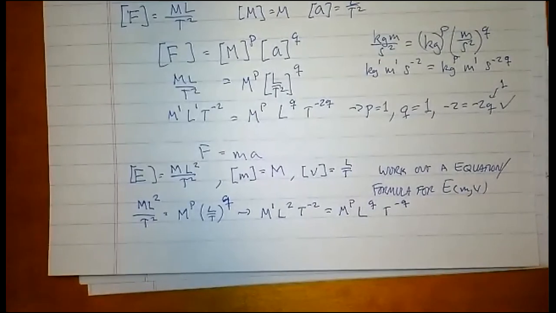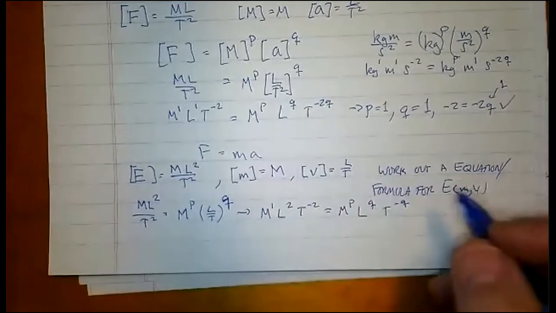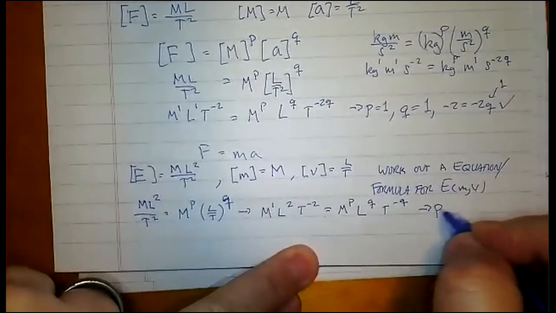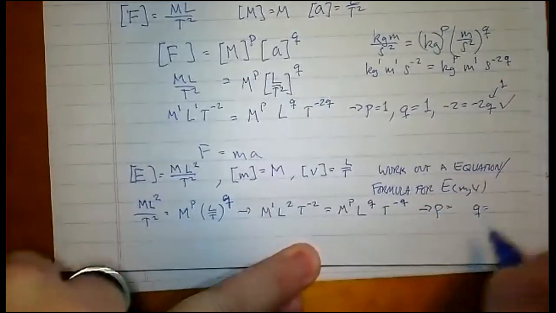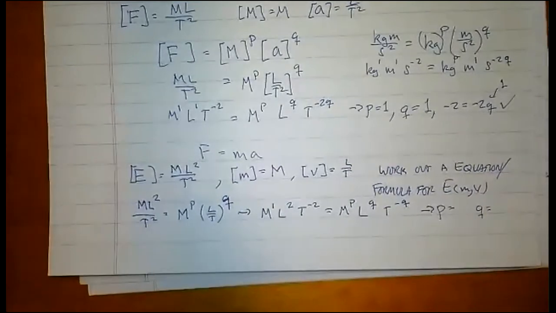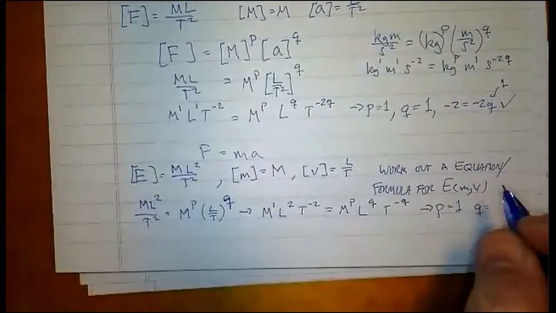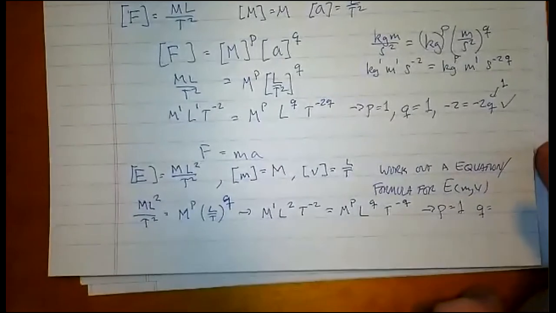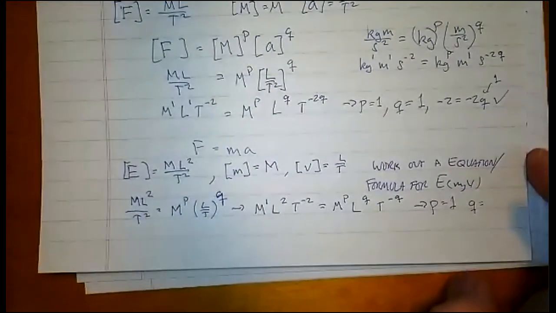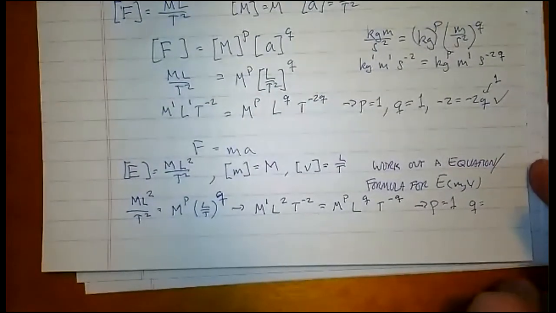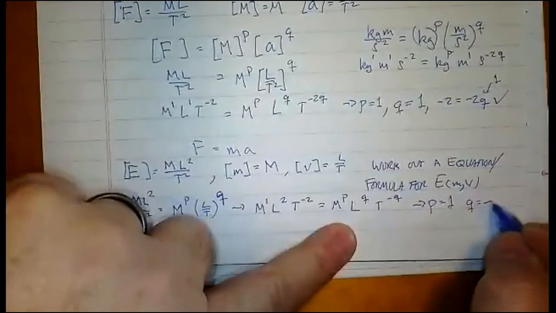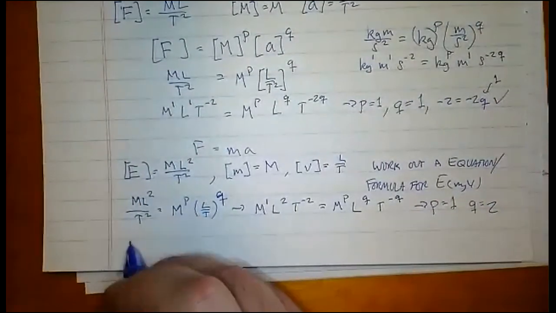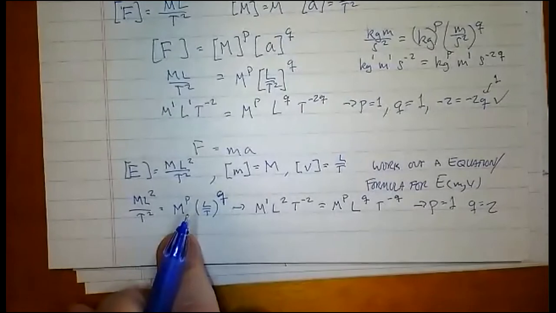Has anybody got a value for P yet? One. Yes. Anybody get a value for Q yet? 2. Yep. Very good. So we actually have two versions of this that work.